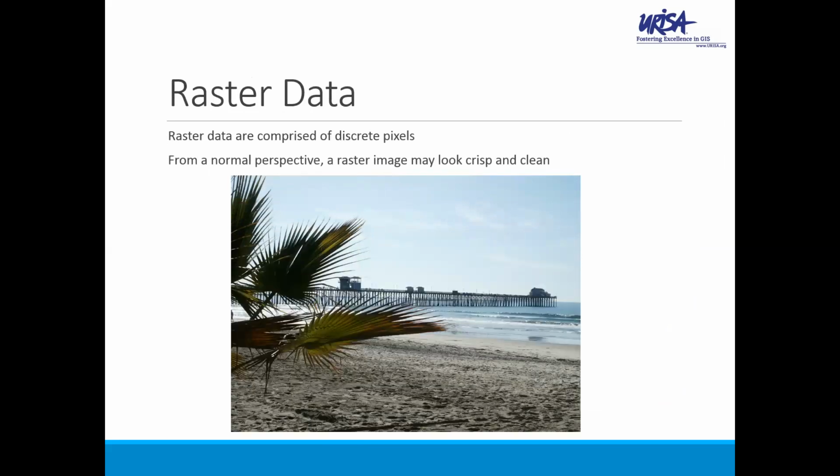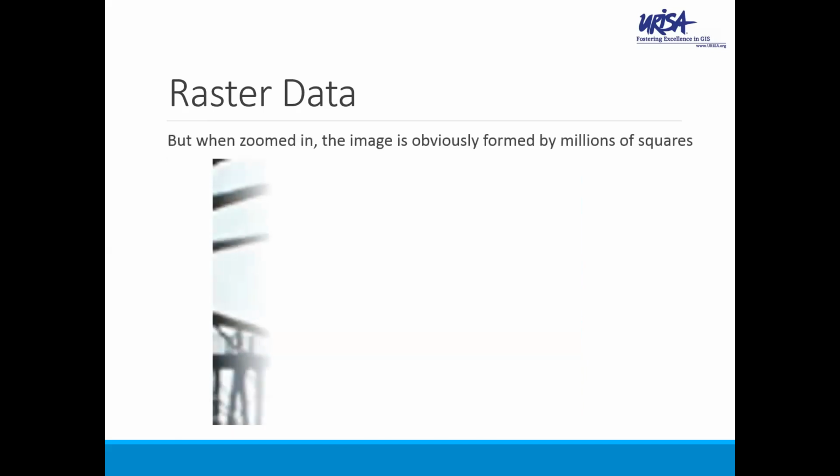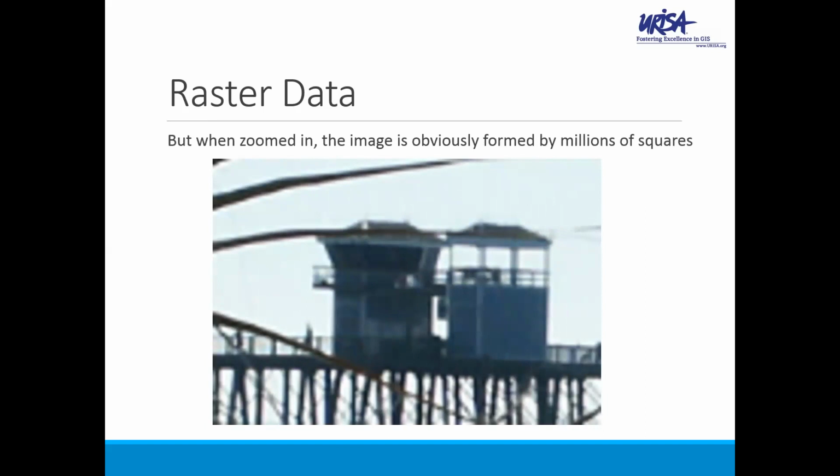Raster data are comprised of discrete pixels. From a normal perspective, a raster image may look crisp and clean, as in this one. Everything looks fine here. But as we zoom in, we find that the image is obviously formed by many pixels, and we can start seeing the pixelization of the image.